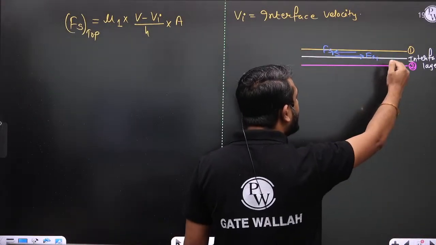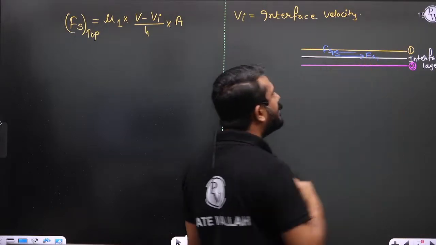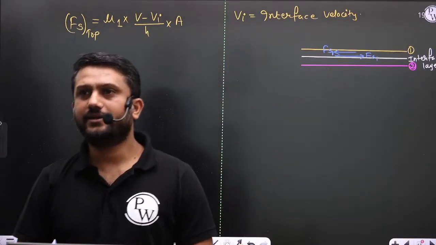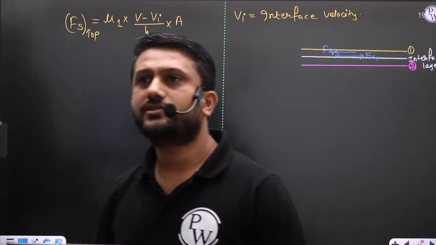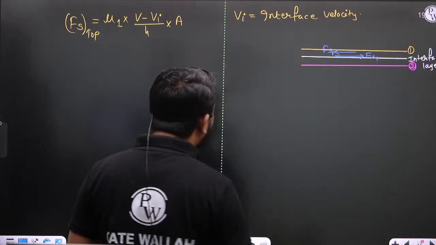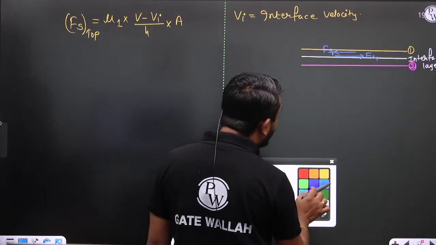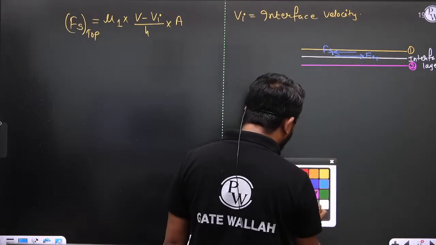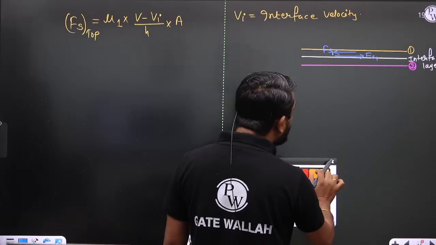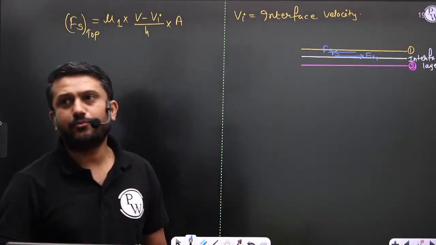Now compare the interface layer and layer number 2. Which one has more velocity?